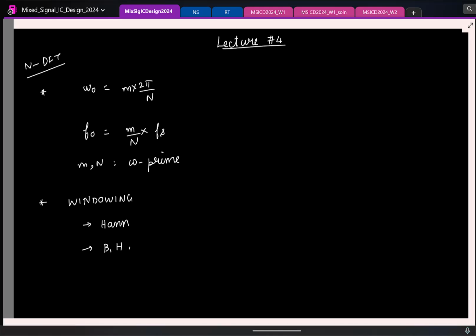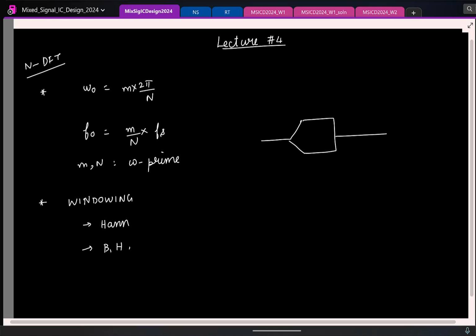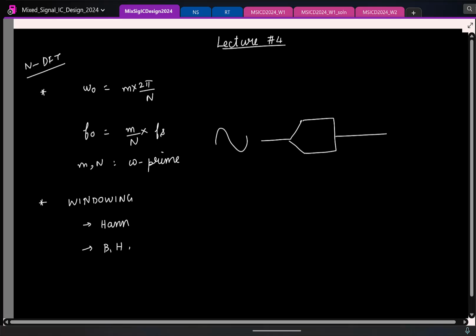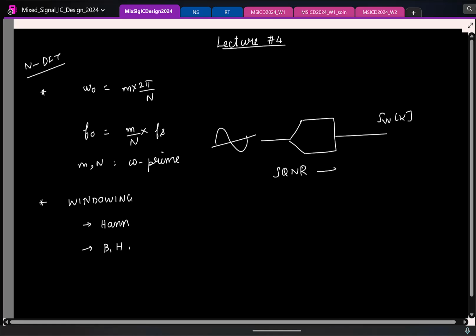So now basically you know how to test an ADC. If I give you an ADC, you know how to characterize this ADC's metric, and the only metric we know as of now is the effective number of bits, or SQNR as a proxy. So you feed in a sinusoid with the maximum amplitude with a frequency like this, and then you take the power spectral density at the output, measure the SQNR and back calculate ENOB from this.